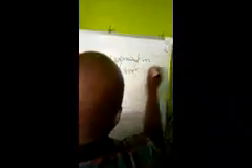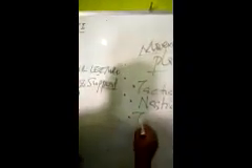There are three types of movement in plants: tactic movement, nastic movement, and tropic movement.